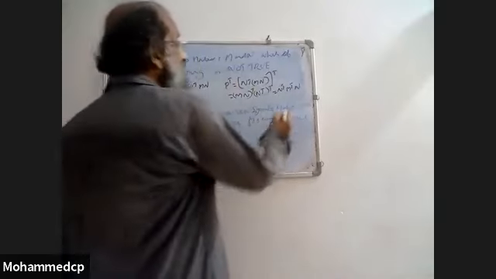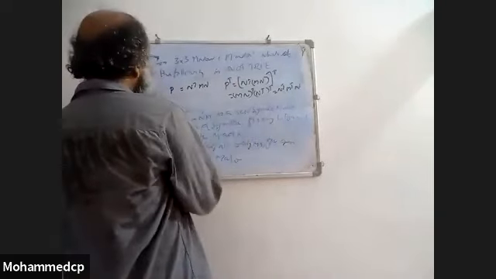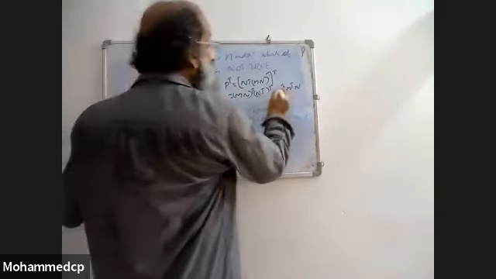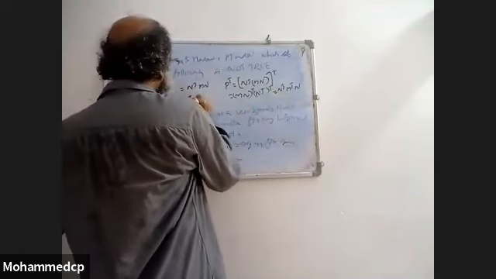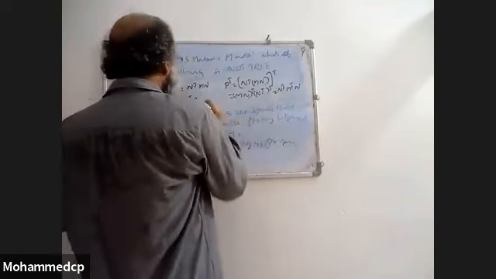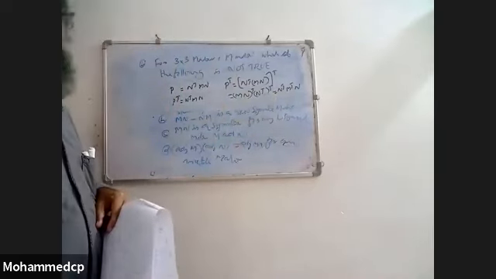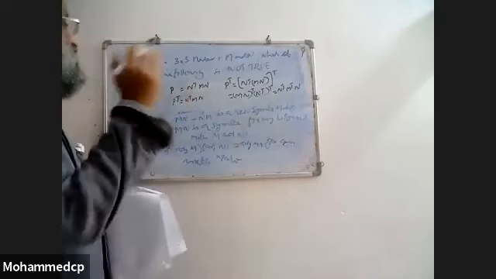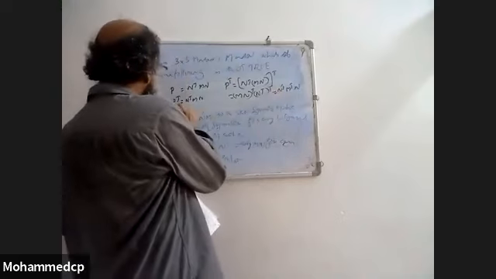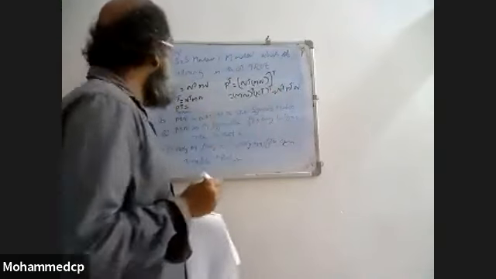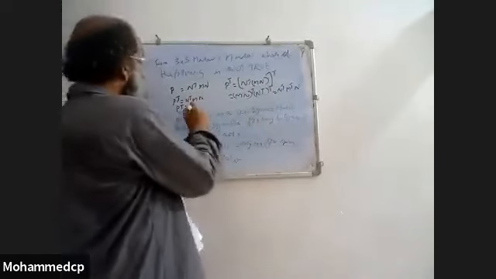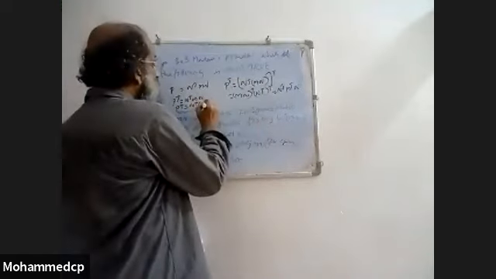Suppose that M is symmetric. In that case, P transpose is equal to N transpose M transpose N, that is N transpose MN. That means P transpose and P are same, P is symmetric. That is, if M is symmetric, P is symmetric. And if M is skew symmetric, we get P transpose equal to N transpose into minus M N, which is equal to minus P. Skew symmetric.